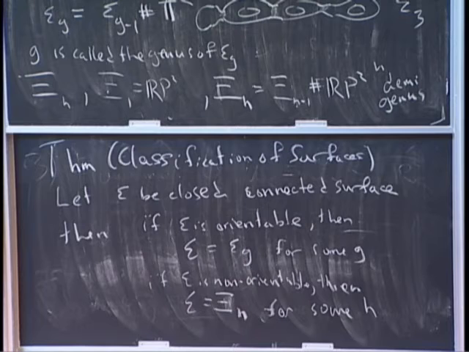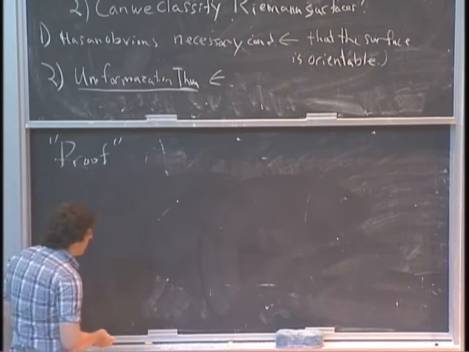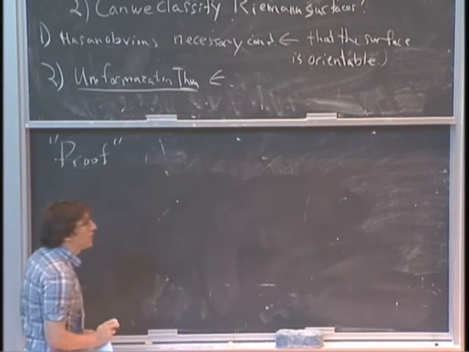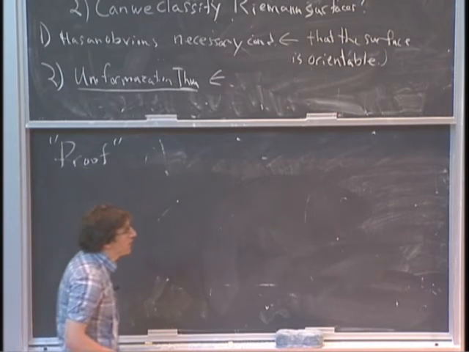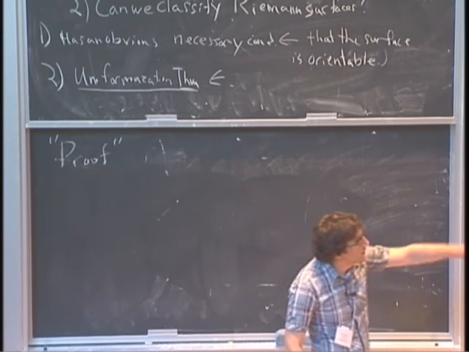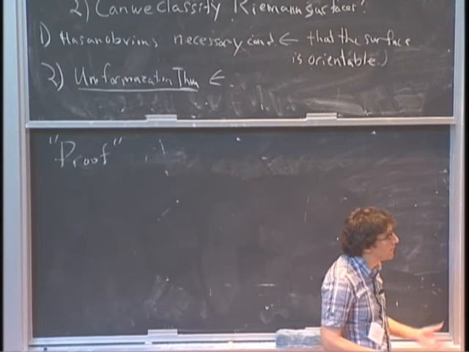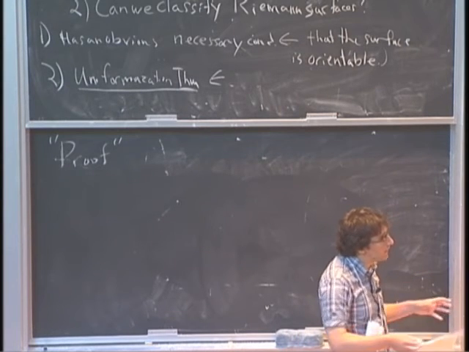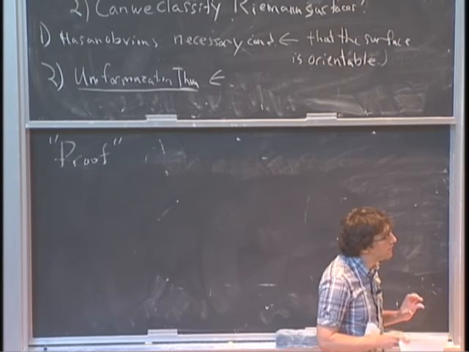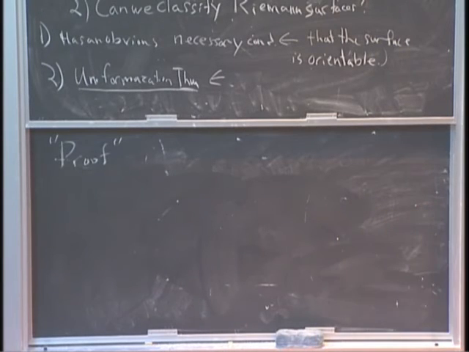Okay, so a proof. What we want to do is try and decompose the surface sigma into simple pieces, which we can then essentially combinatorially see how they fit back together, and see that the only ways they can fit together is if it's one of these standard guys we've constructed.